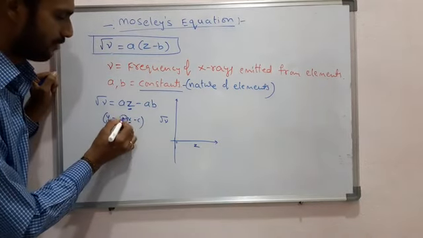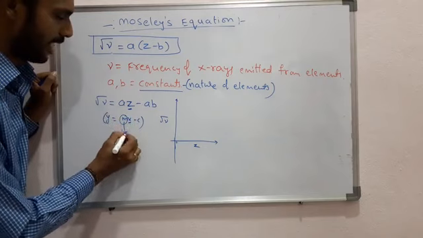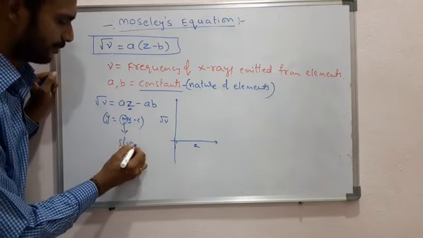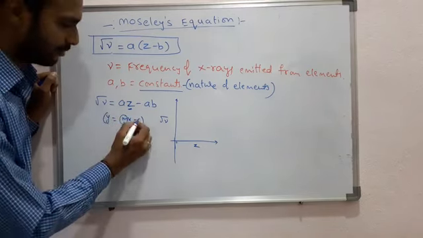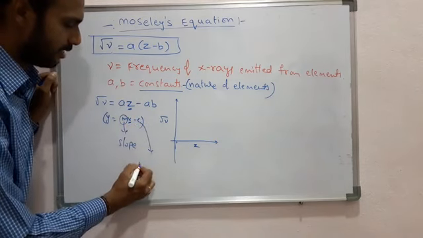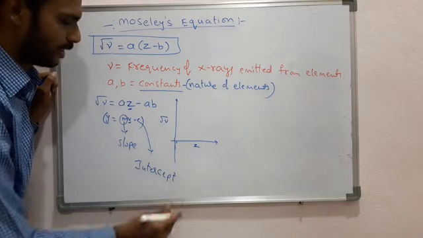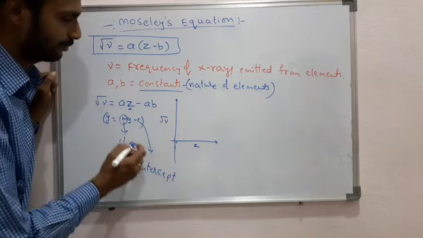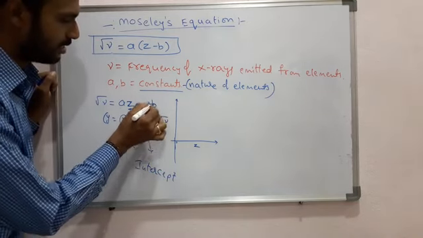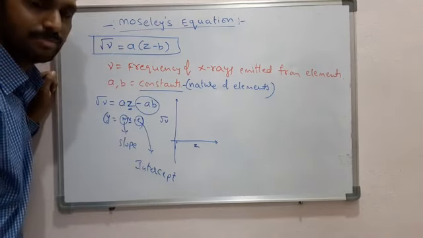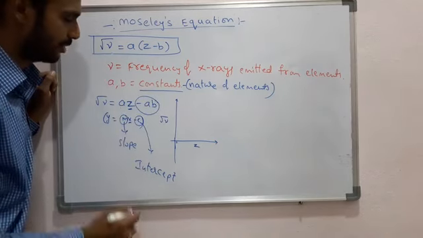In the place of m there is a, which indicates the slope of the line, and c indicates the intercept. Here in the place of c there is minus ab, which means there is a negative intercept.